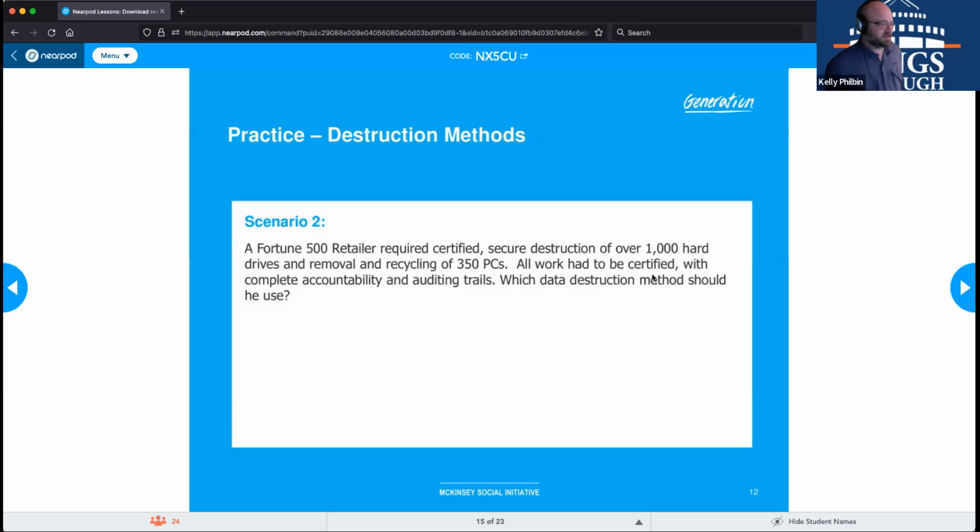But although it is highly, highly unlikely, there still is a potential for data recovery. On the CompTIA exam, that would still be considered just straight up sanitation. Sanitation would not be considered physical destruction. Correct. Okay.